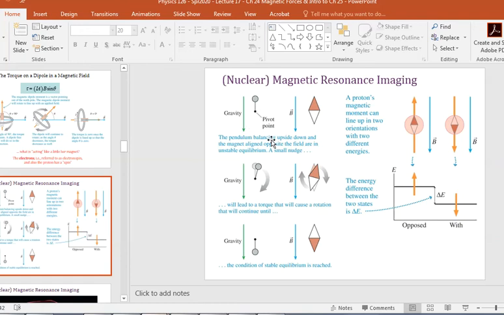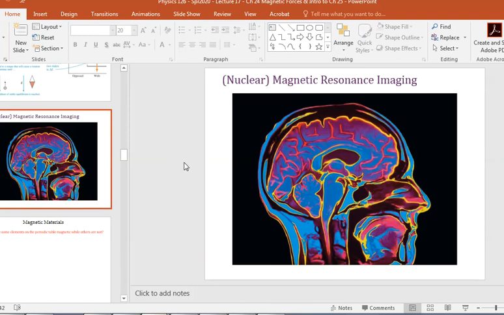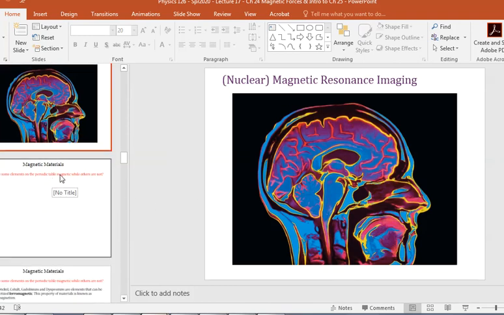The way that it works is that we pulse little magnetic fields, and all of the water molecules in your body respond to those magnetic fields and jiggle a little bit. It turns out we can see the response of that jiggling, and that allows us to see what's happening inside of the brain.